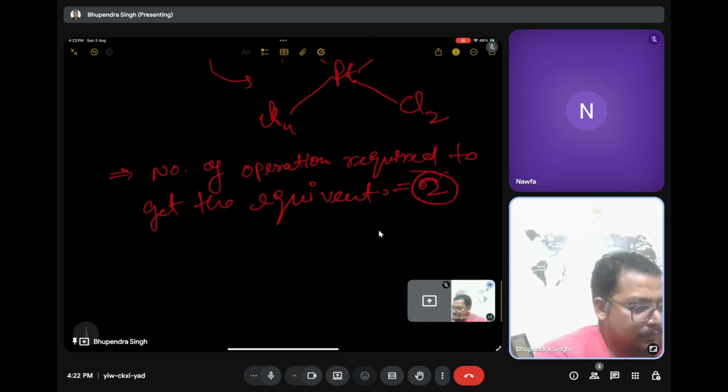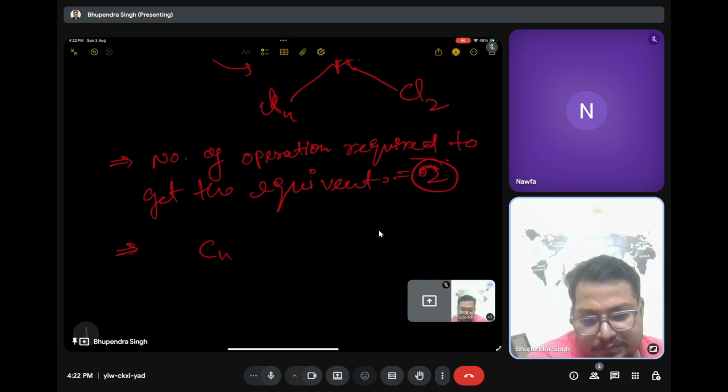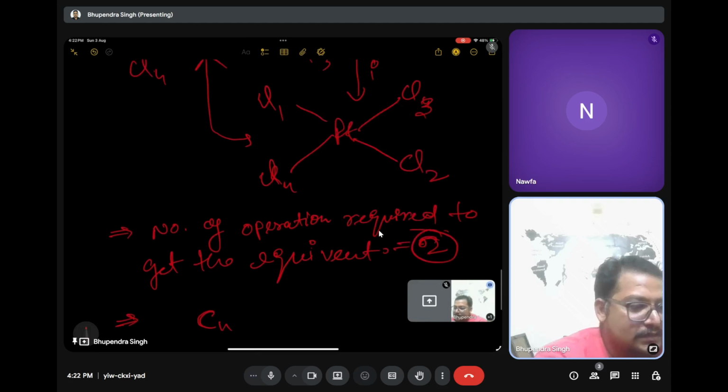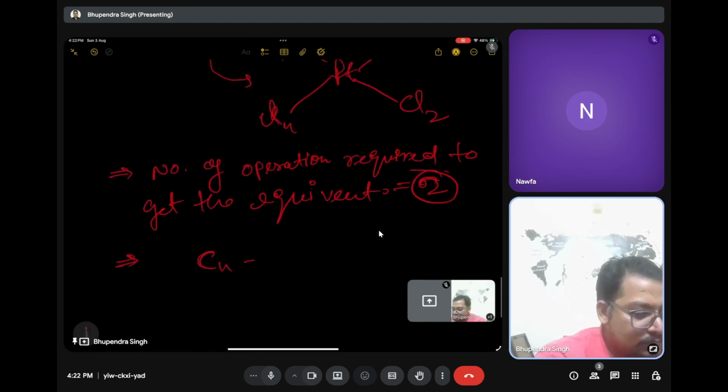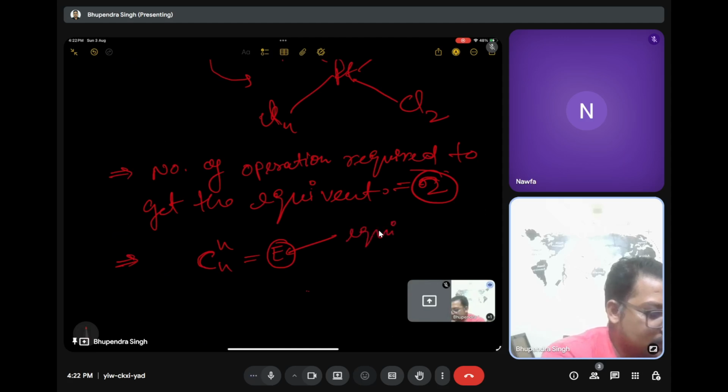And till now we have seen that for Cn, if axis of symmetry is present, how many operations will you require to reach the equivalent structure? You will require n. This is the identity element, the equivalent structure.